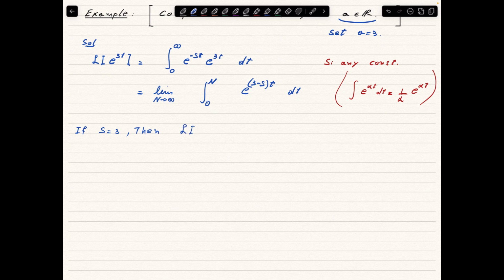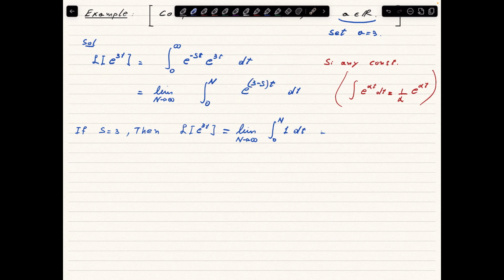When we put s equal 3, the Laplace transform of exponential 3t is going to be the limit, n goes to infinity, of the integral from 0 to n of 1 dt, isn't it? Because this exponent is 0 and the whole thing is 1.